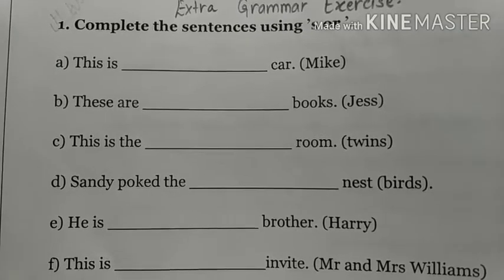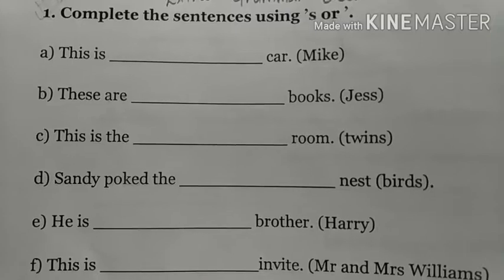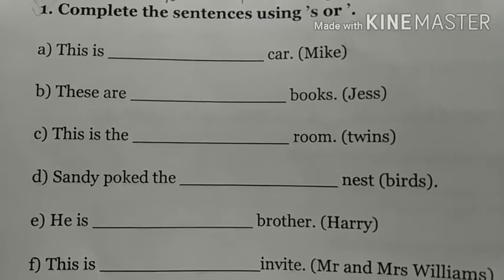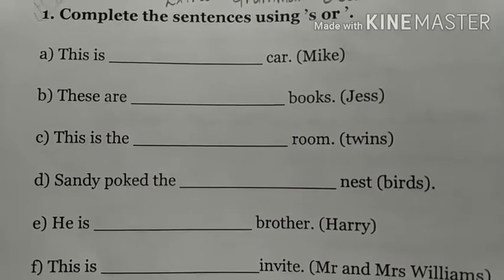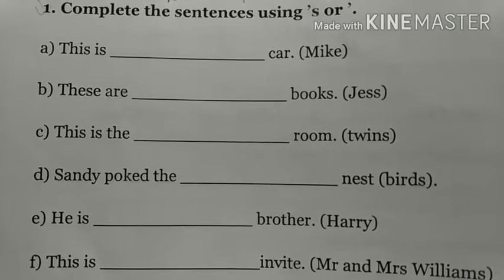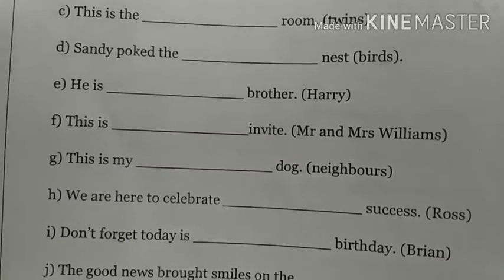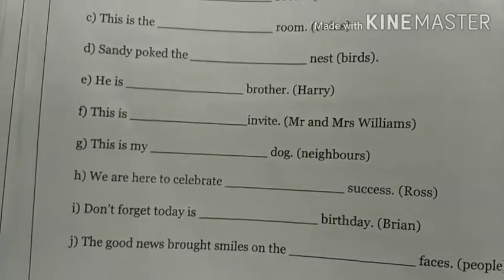The first question, that is A1. This is dash car. And in bracket write it down Mike, M-I-K-E. First let us write all the questions, then we will be writing the answers of it.